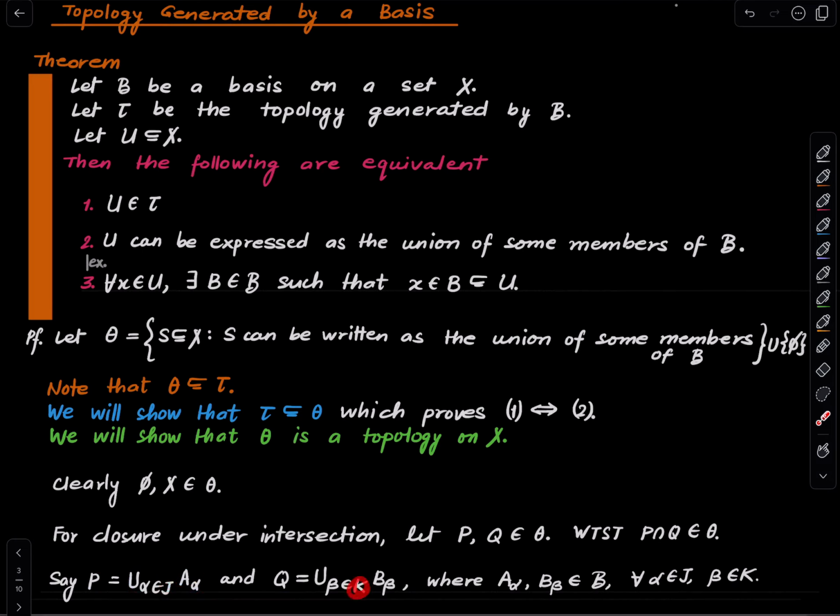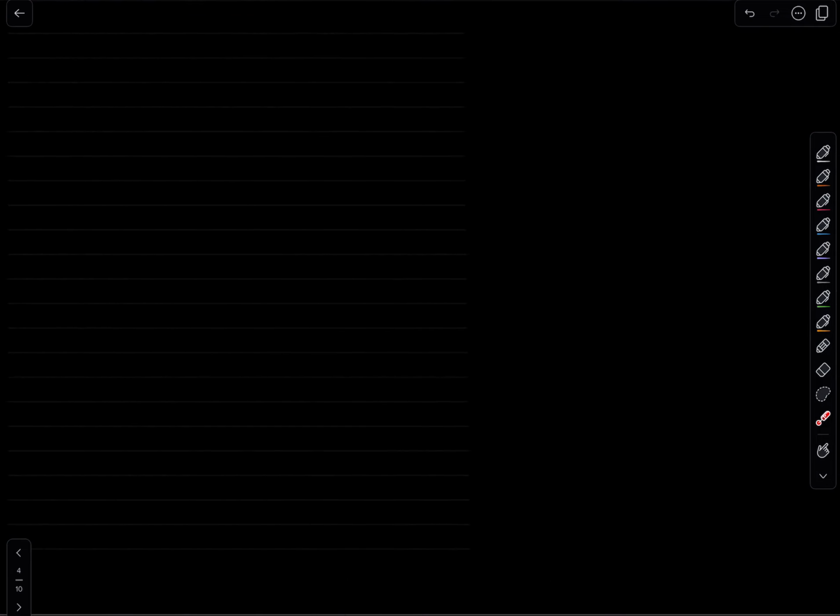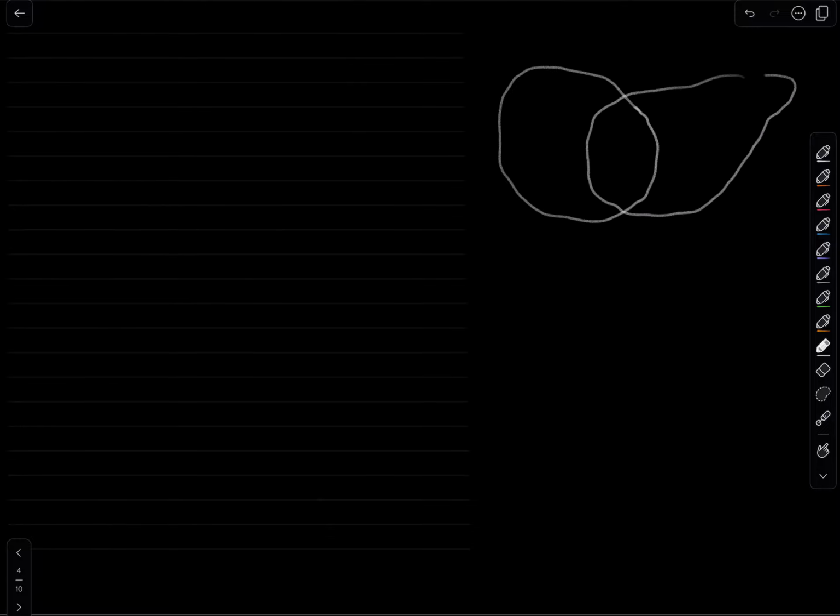Similarly, there is a set K which indexes some of the members of the basis such that the union is Q. And we want to show that P intersection Q is again in theta, which is to say that P intersection Q can be written as the union of some of the members of the basis. To do that, let me draw a diagram first. So I have P, and then we have Q, and we want to show that this intersection is in theta.